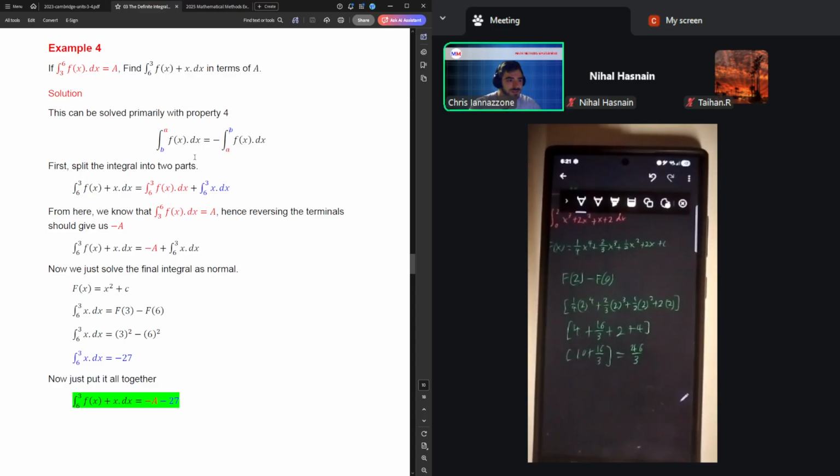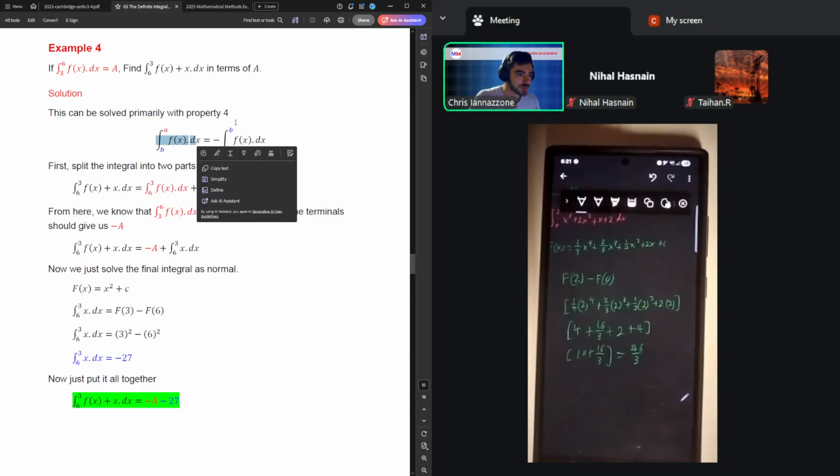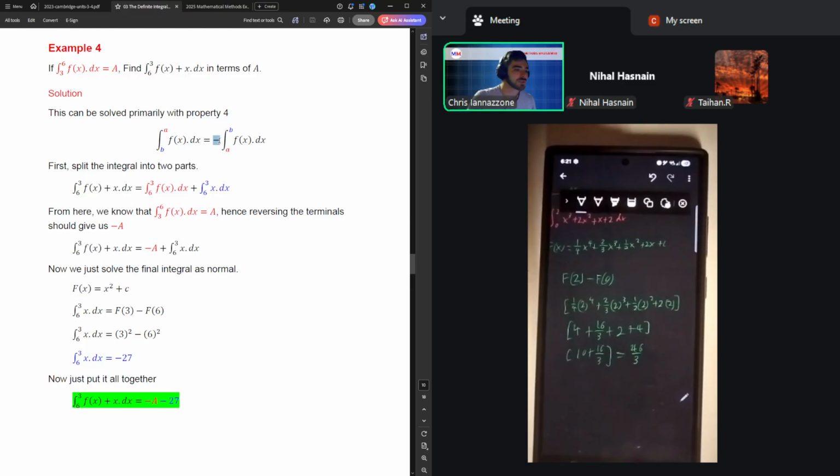That's why it comes out to be negative of whatever this was. If we look back at the handwritten section that we just did, we did capital F of 2 minus capital F of 0. That would come out to be 46 on 3. If we swap that order to be F of 0 minus F of 2, we would now have 0 minus 46 on 3. It now becomes a negative version of itself. That's all this is saying. Swapping the order of the terminals is the same thing as just making the original integral negative.